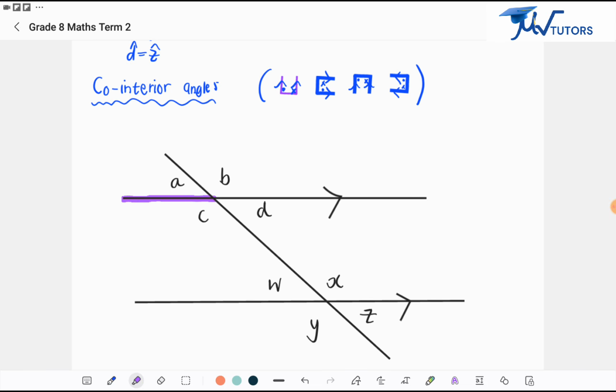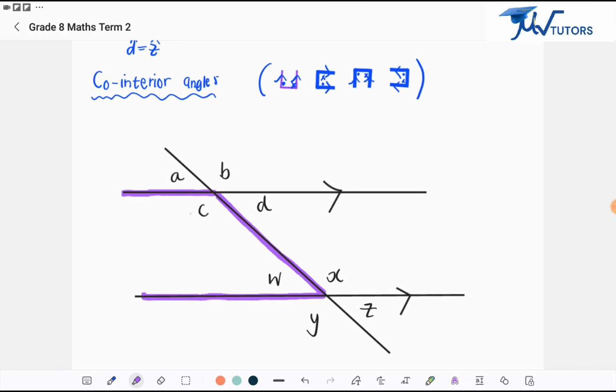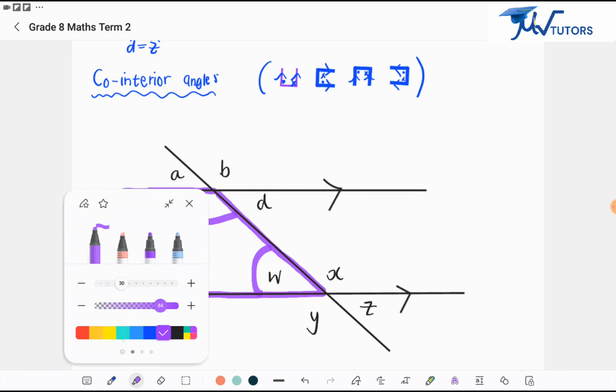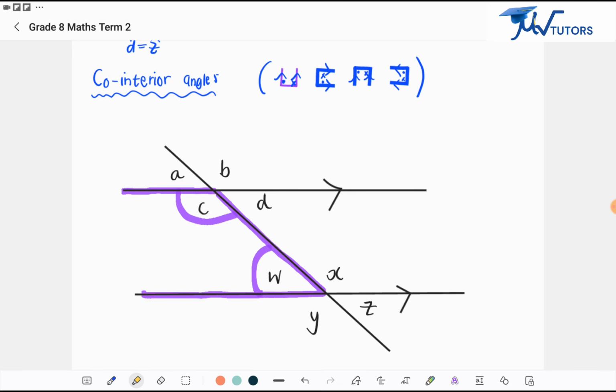So I can see here, if I form a C, okay, if I turn my screen around 90 degrees clockwise, I will see a U, a U that is slightly slanted. And I see the angles here, C and W. But what about C and W? Are they equal just like the corresponding angles, or do we apply different rules there?